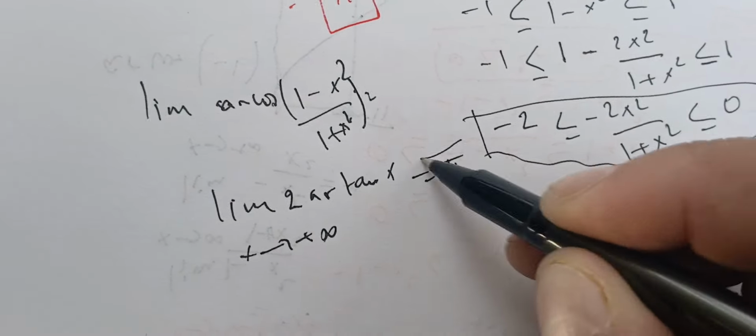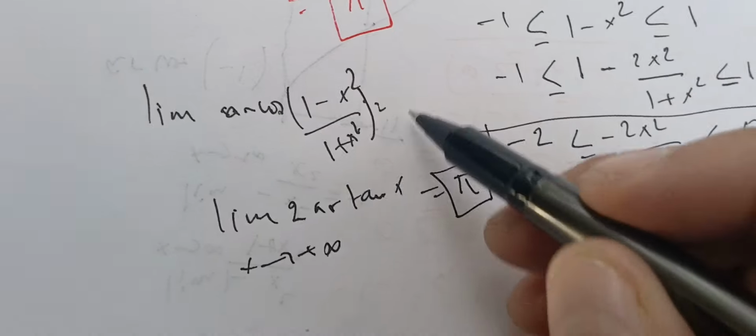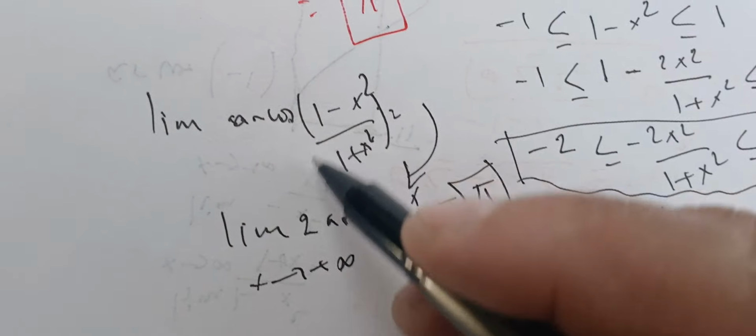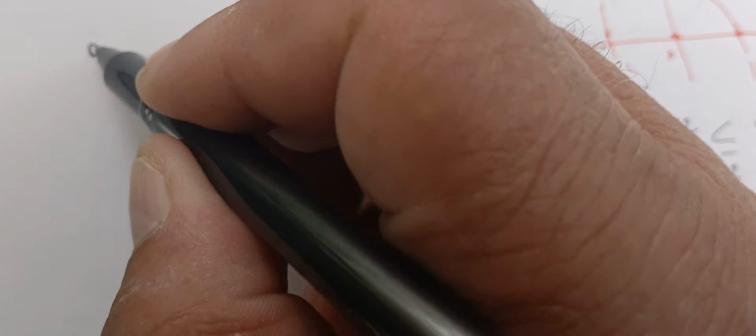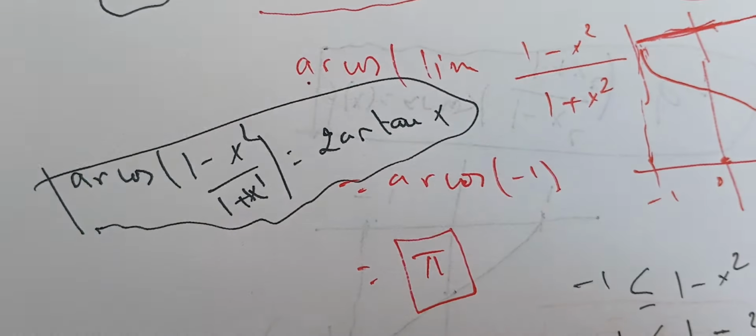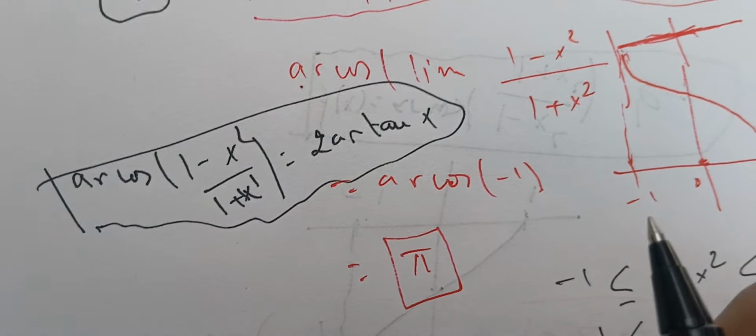With these two, we have only pi. This is one way, but you don't need to worry about this. If you want to work on this, you can prove that the arccosine of (1 minus x squared) over (1 plus x squared) is 2 arctangent of x. It's just some trig identity, and you're going to see it.